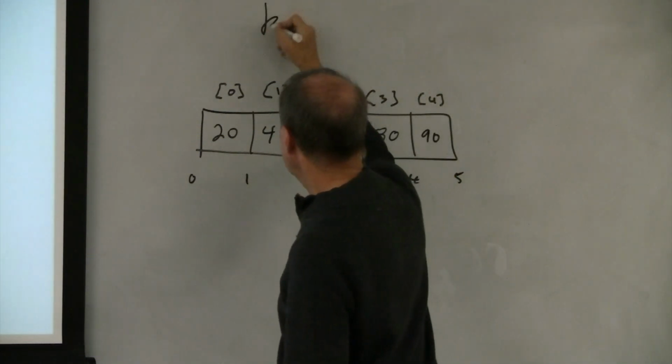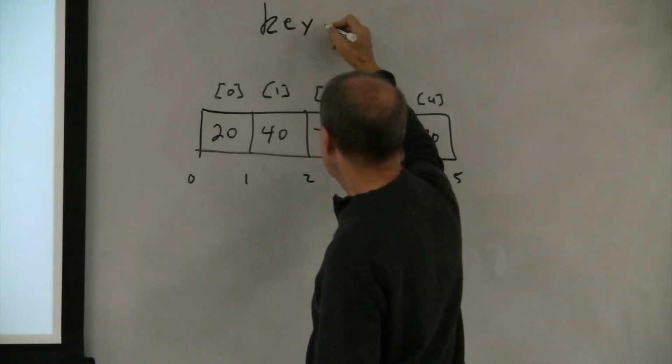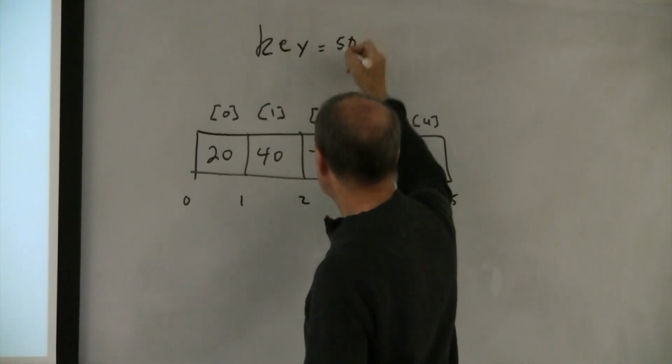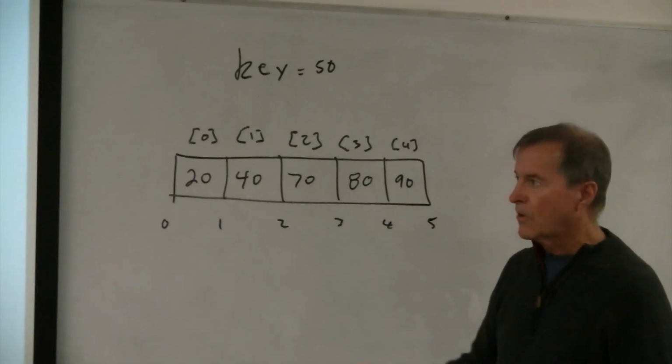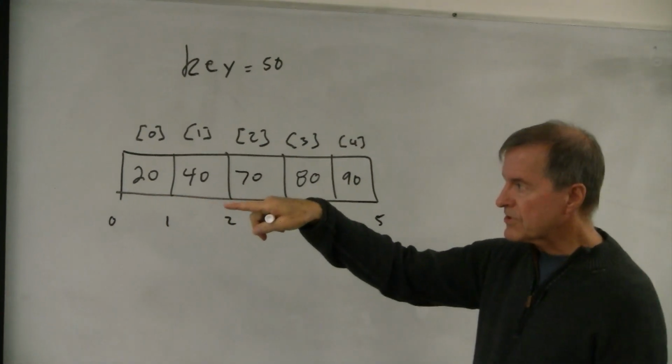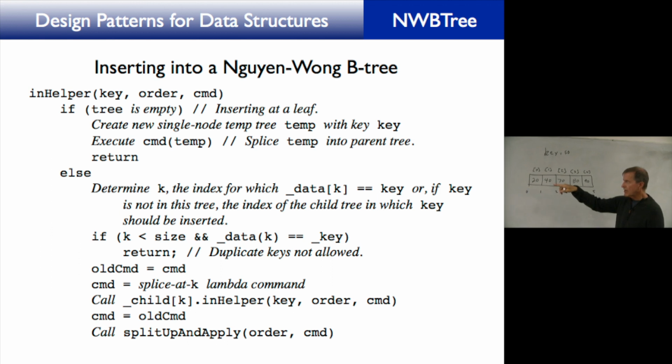And if key is 50, what does that pseudocode description say to do? Determine k, the index for which data sub k equals key? Does any of these data sub k's equal key? No. Okay, so or, if key is not in this tree, the index of the child tree in which key should be inserted. So, it's not here. So this would imply what for a value of k?